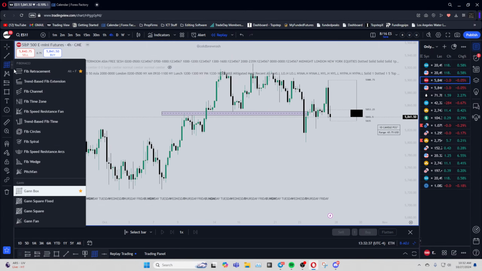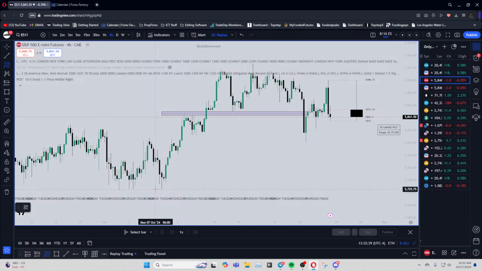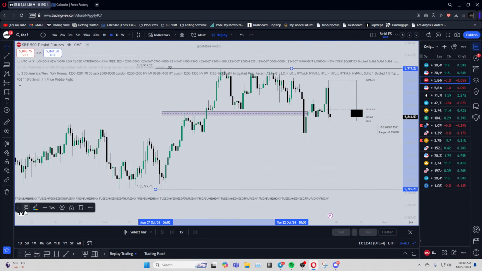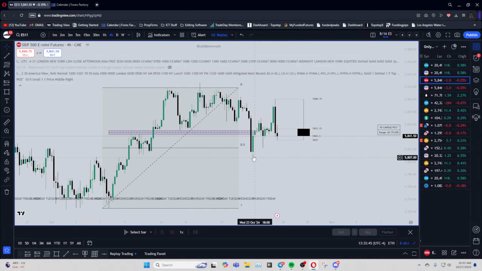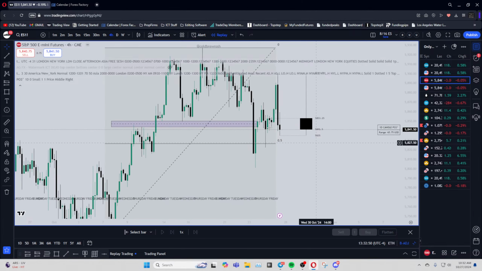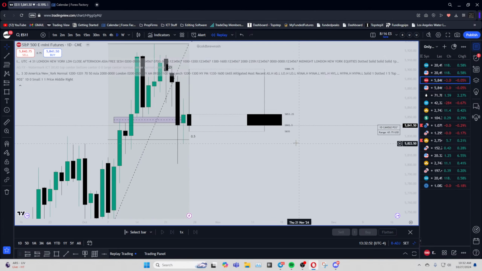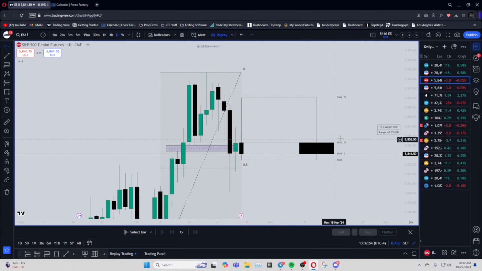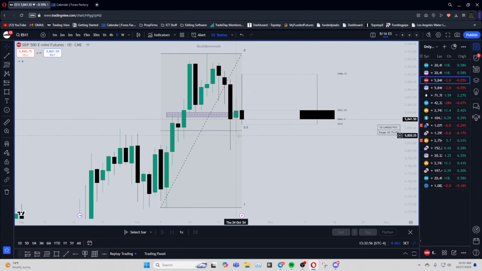Let's measure out our equilibrium right here. So it's going to be from this low. Yeah, so also hit our equilibrium in here. On a daily time frame, that's probably what we were going for, our discount area. That's why we traded so much lower.